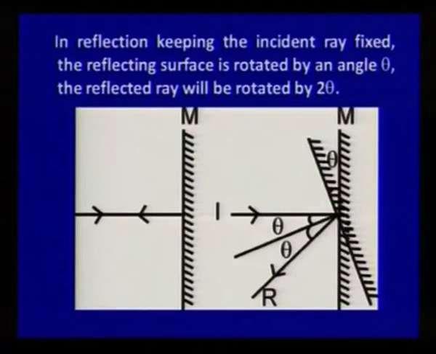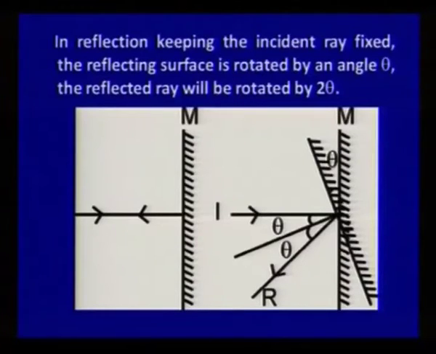images formed in mirrors. And there is one important fact: when light is coming on a mirror and goes back, the angle of incidence and reflection both are 0. But if I rotate the mirror by angle theta, if I rotate the reflecting surface by angle theta, the reflected ray will be rotated by 2 theta without changing the direction of the incident ray.